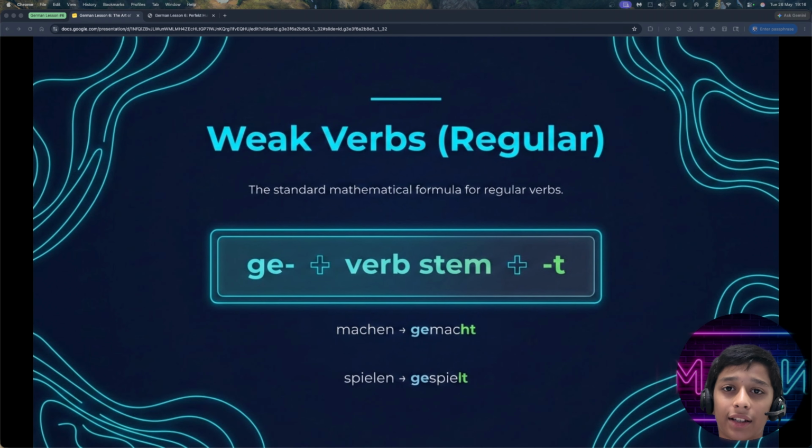Okay, let's build the past participle. For regular or weak verbs, there is a clean formula, which is ge plus verb stem plus t. That's it. Machen means gemacht. Spielen means gespielt. It's almost mathematical, and once you've got it, you can form the past for hundreds of verbs without thinking twice.